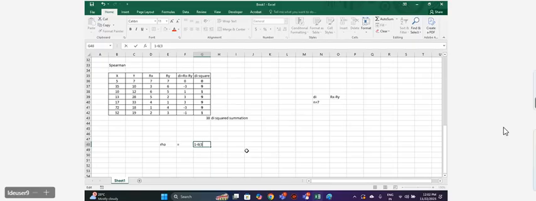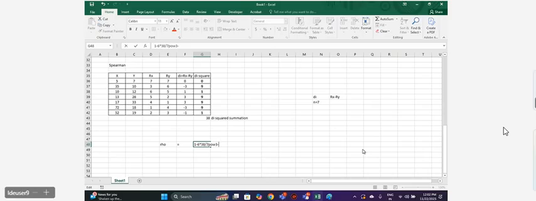What is n? n is 7, as I mentioned here. So n cube is 7 raised to 3, minus 7.